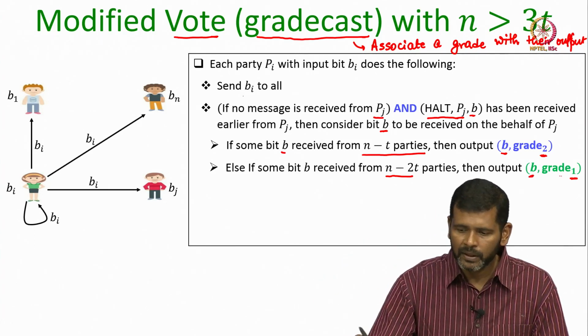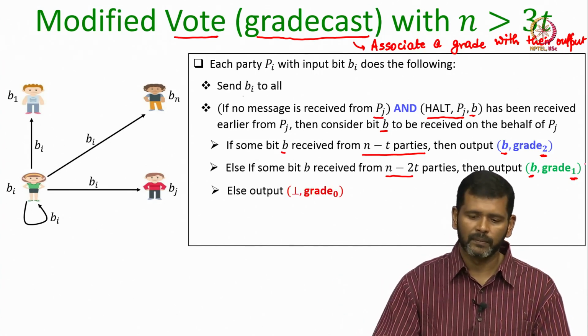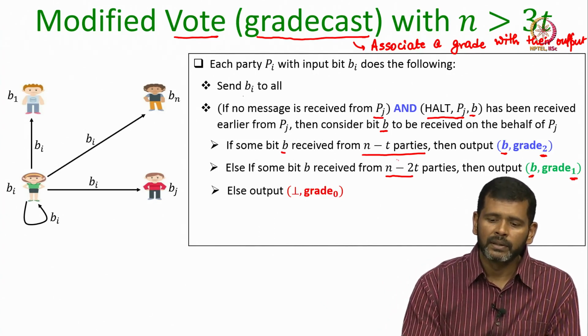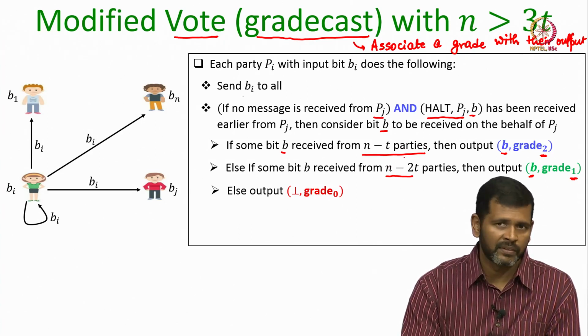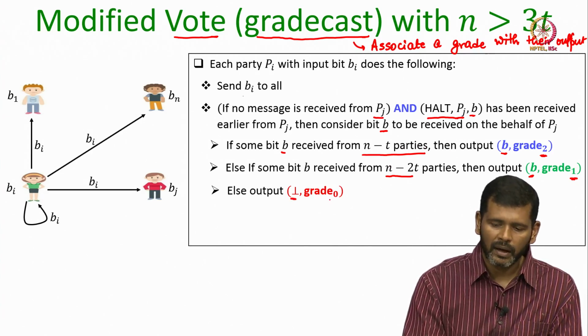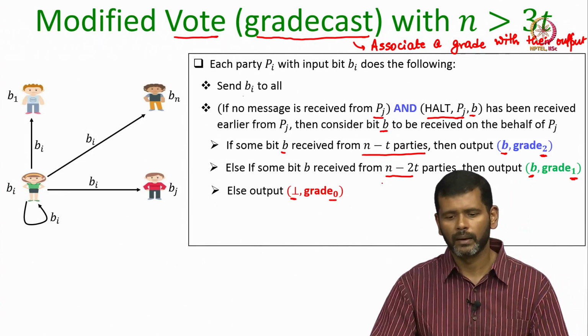But if I am outputting the bit b with grade 1, then I am not sure what is going to be the case. But if there is no bit b which is received n minus t times or n minus 2t times either physically or virtually, then I output the value bot and assign the lowest grade.